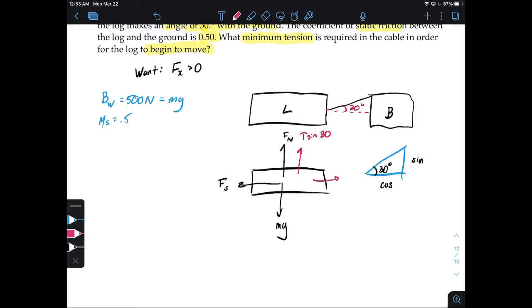I probably should have said 30 degrees here. Then we'll have our T cosine 30 right here. And hopefully you can see the relations with the triangle. Essentially the tension is going up and across, and that's what's represented there.